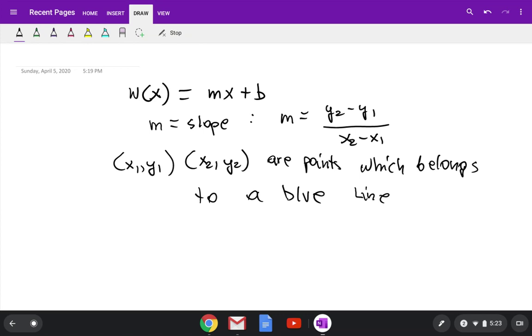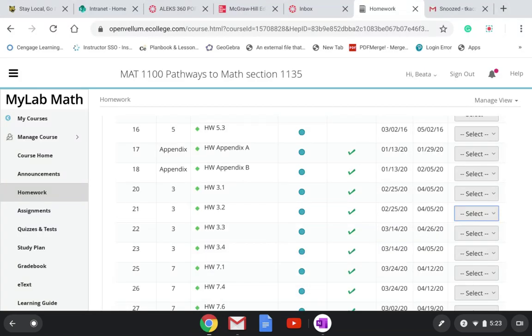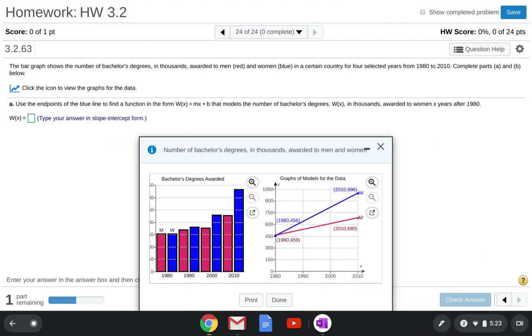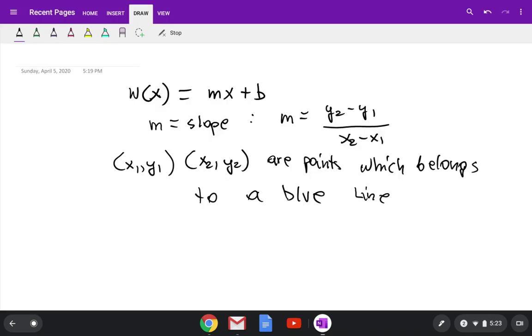The first point on that blue line is 1980, 456, and the second point is 2010, 996.